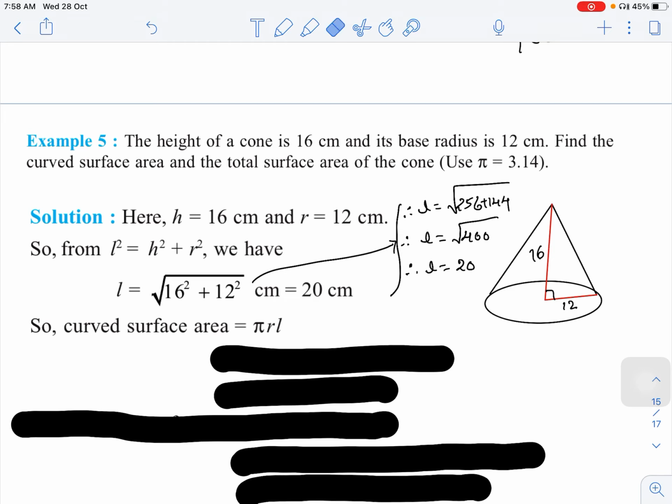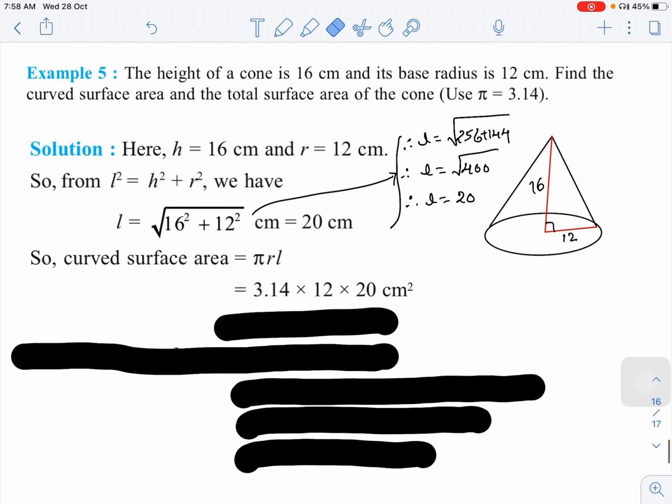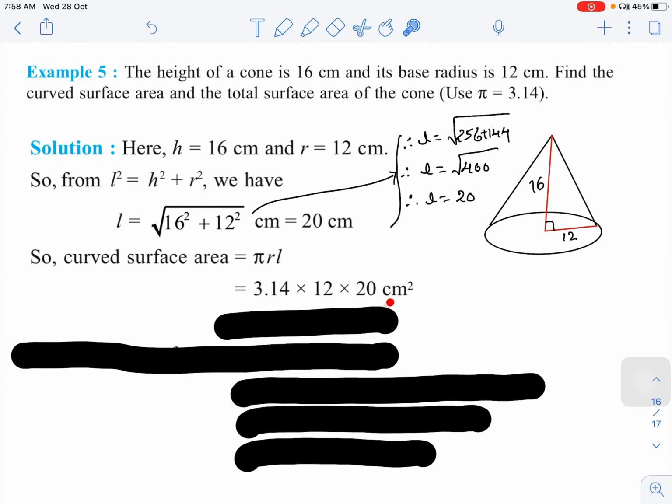So in the next step you will get 3.14 into 12 into 20. When you multiply all these numbers you will get 753.6 centimeter square. Now we have the value of the curved surface area.